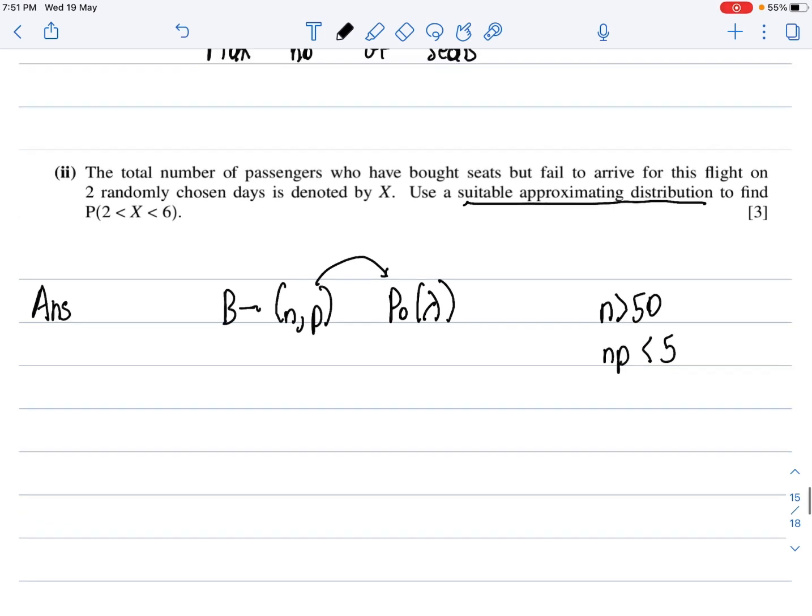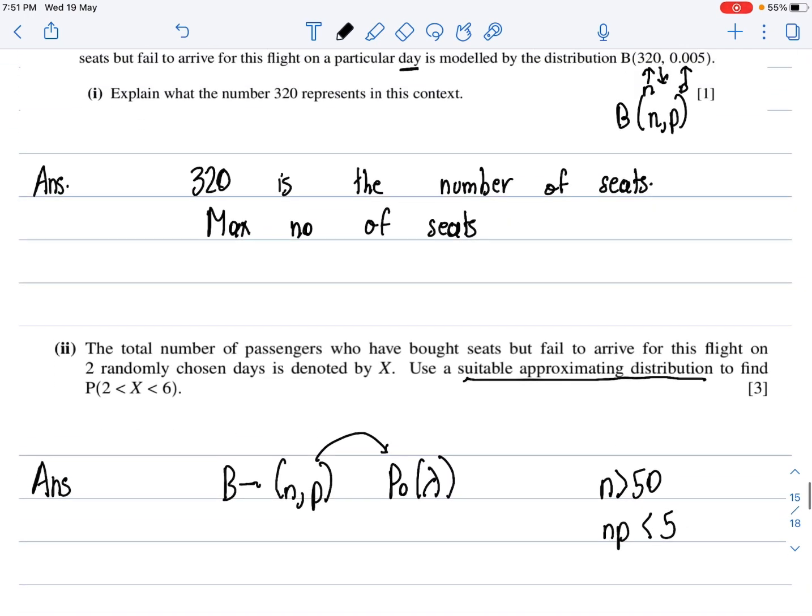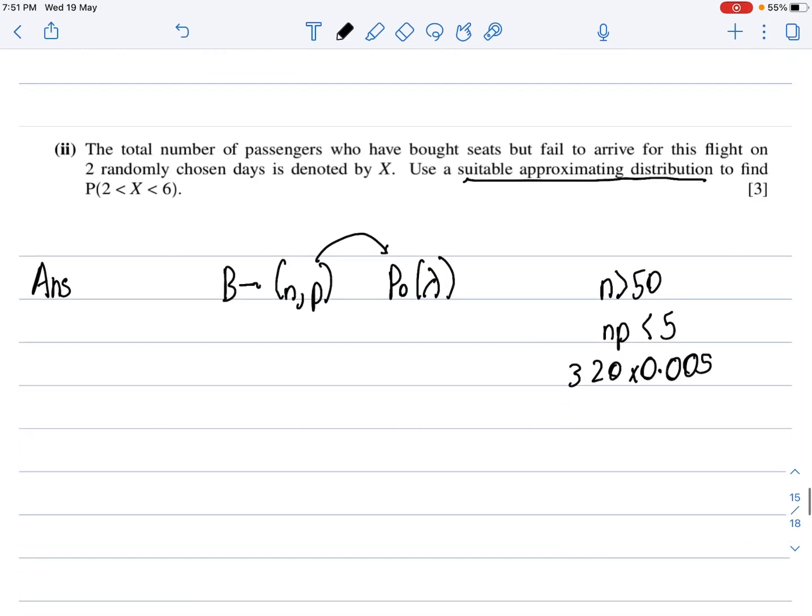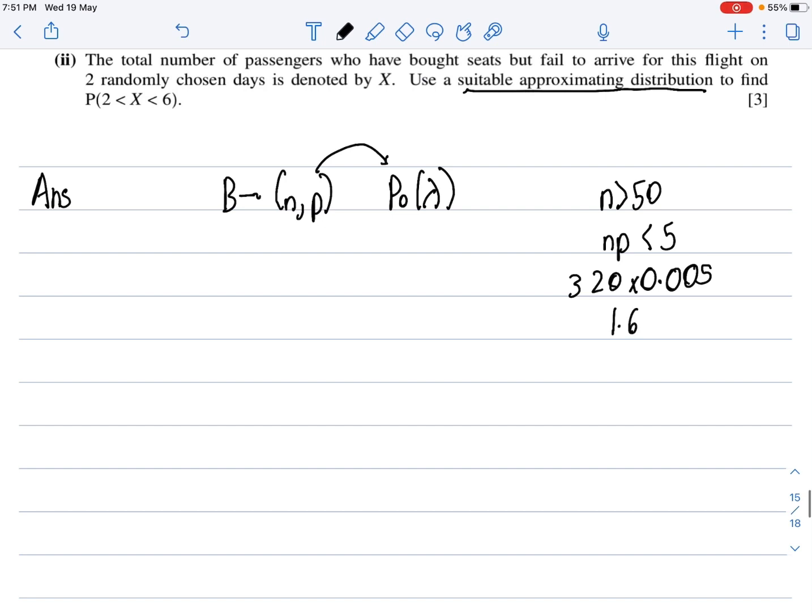If I calculate my np here, which is 320 into 0.005, I get 1.6, which is less than 5. And I know lambda is equal to n into p. So I can say that my binomial is converted to Poisson with a lambda of 1.6.